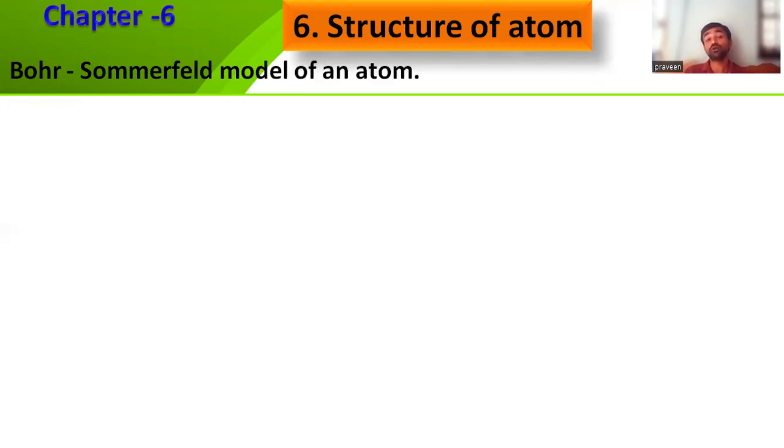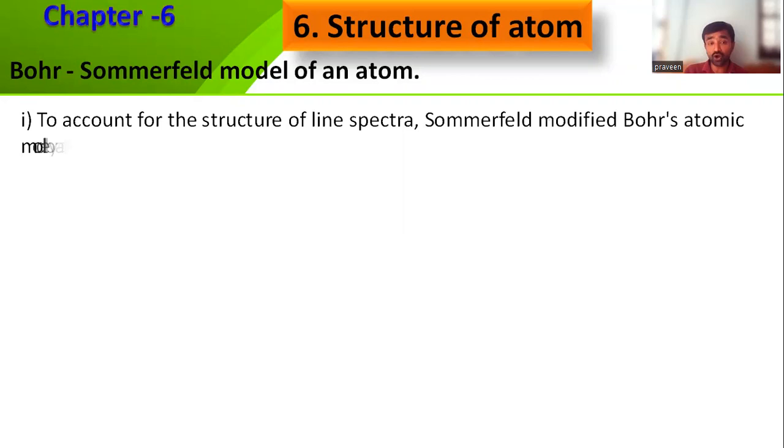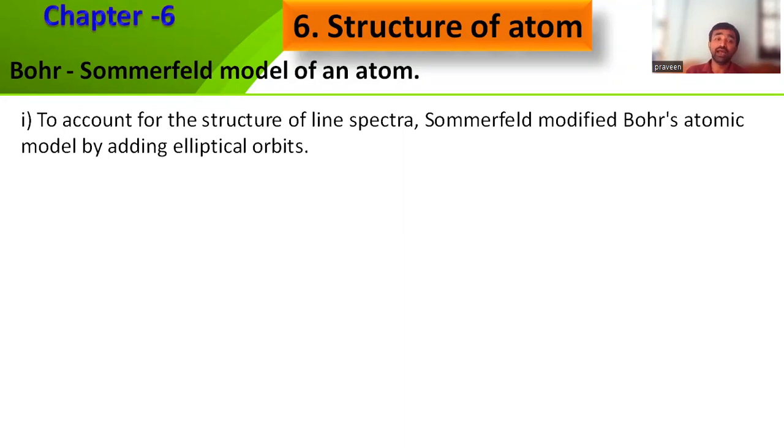But Sommerfeld changed that concept from circular orbits to elliptical orbits. So to account for the structure of a line spectrum, Sommerfeld modified Bohr's atomic model by adding elliptical orbits.